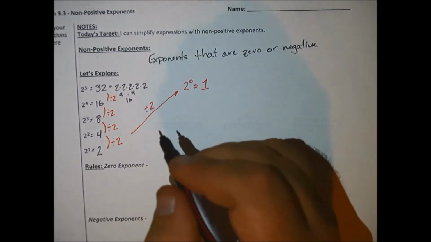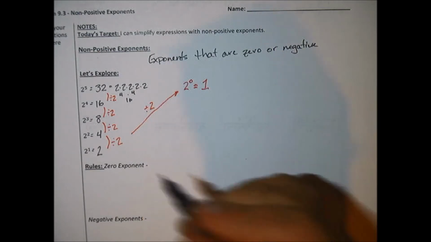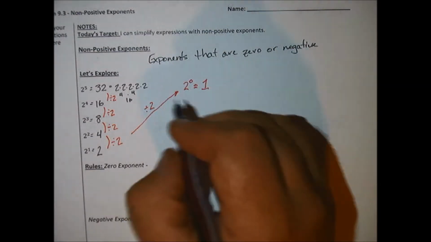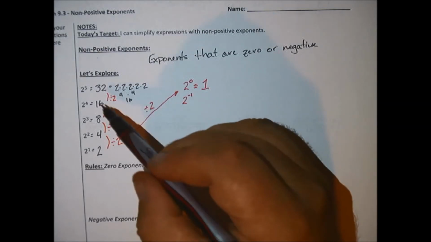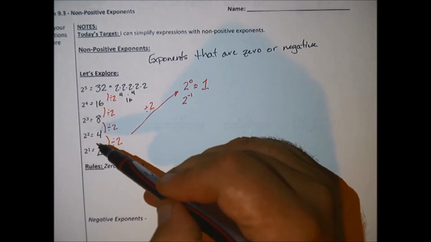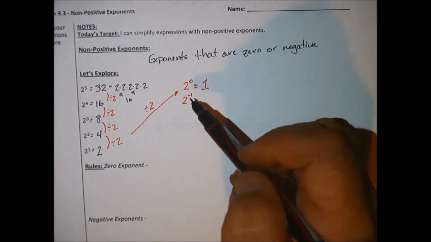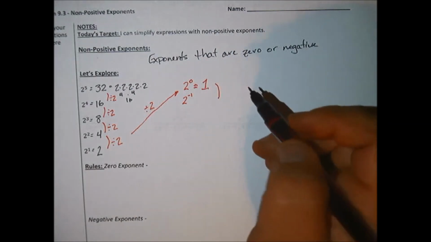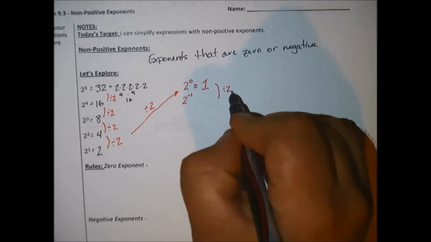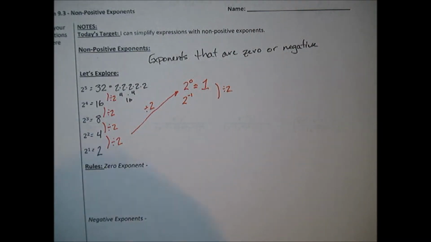Okay? Now, we can keep going, and we're going to today. If we look at negative exponents, all I did in all of these was decrease the exponent by 1. Well, it would make sense that all I want to do is divide by 2. I'm taking one more 2 out of there.